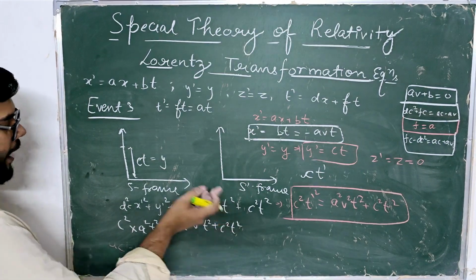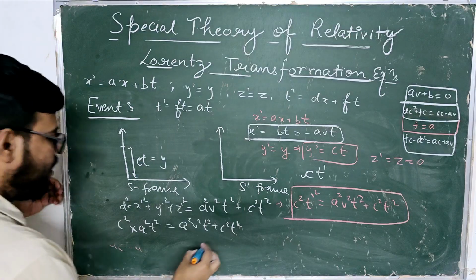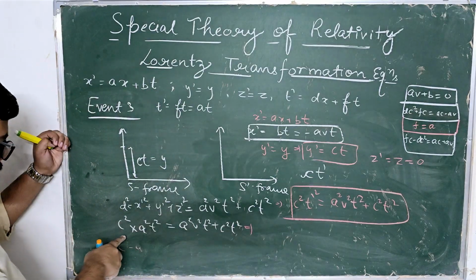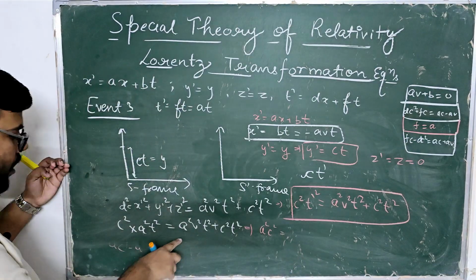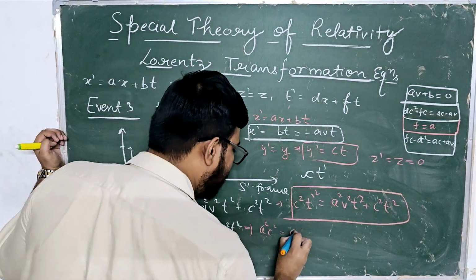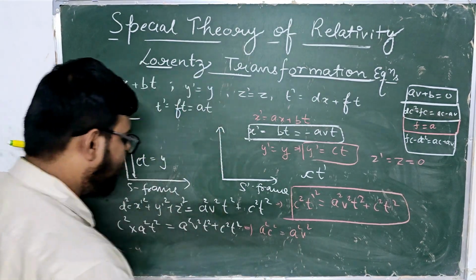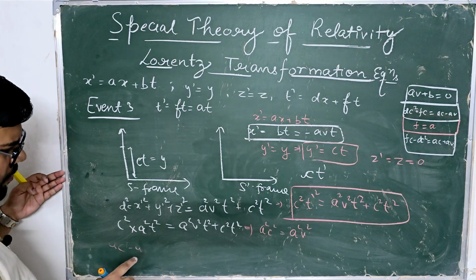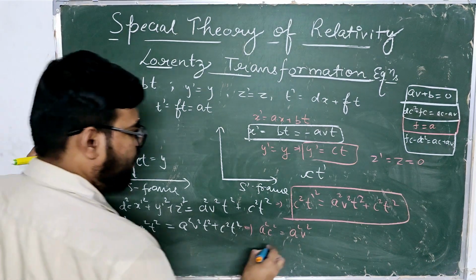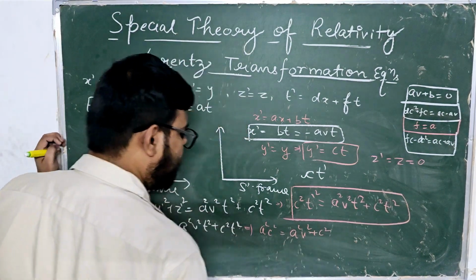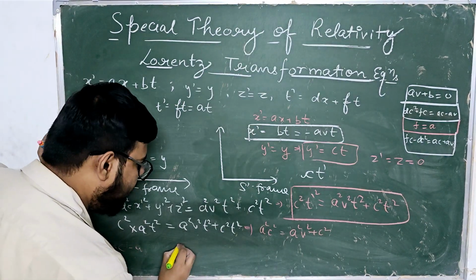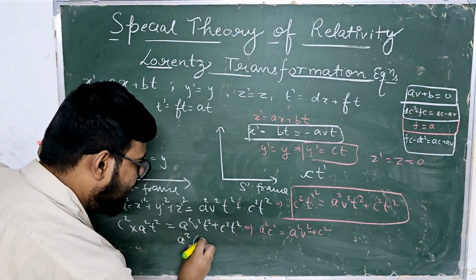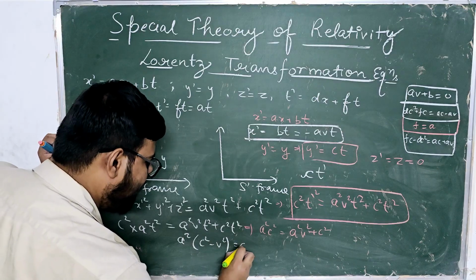Now t square will get cancelled both sides, so we will end up getting c square into a square, that is a square c square is equal to a square v square plus c square, right? Now what we can do? We can take this over here and we will get a square c square minus v square is equal to c square.